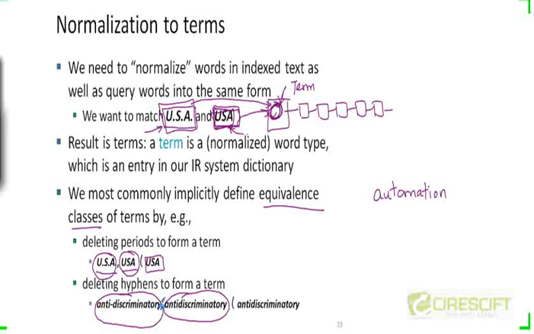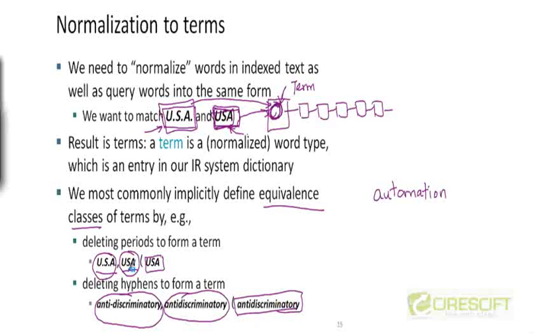Similarly, if you have hyphens in any of the tokens, a common way to normalize such tokens is to delete the hyphens, so that anti-hyphen-discriminatory and antidiscriminatory without the hyphen both map to the same term, antidiscriminatory. So these two tokens form an equivalence class, and this equivalence class is represented by the term standing for that class.